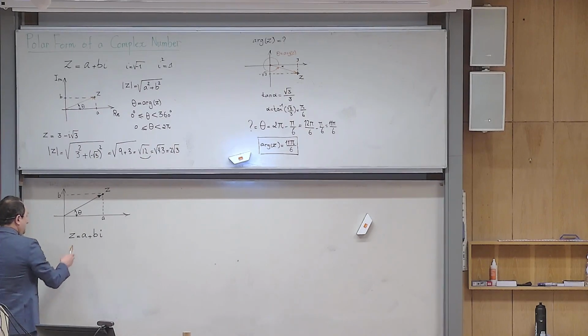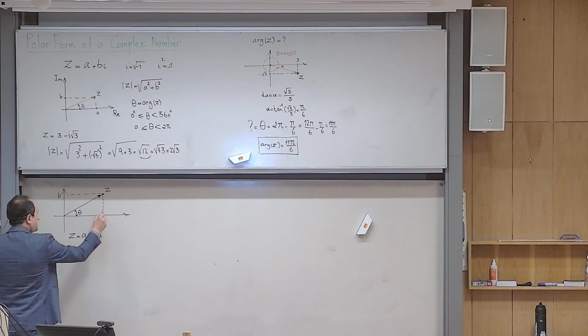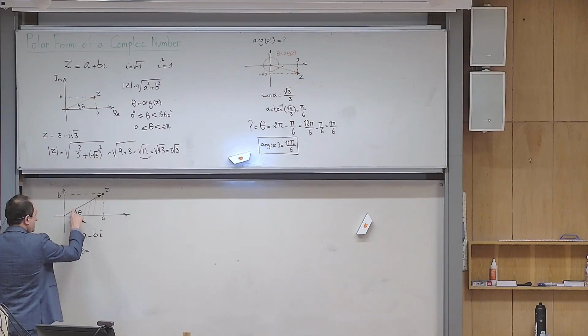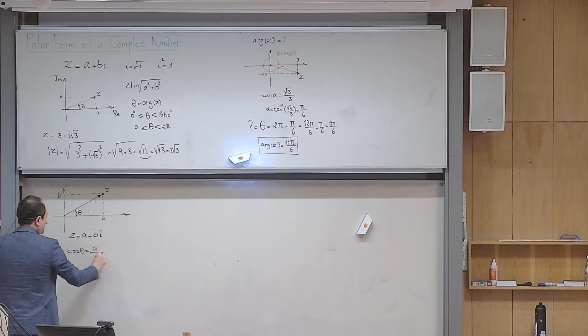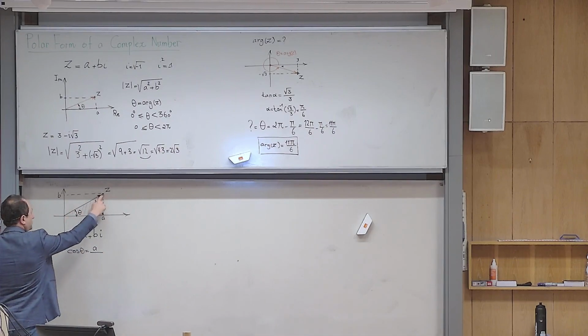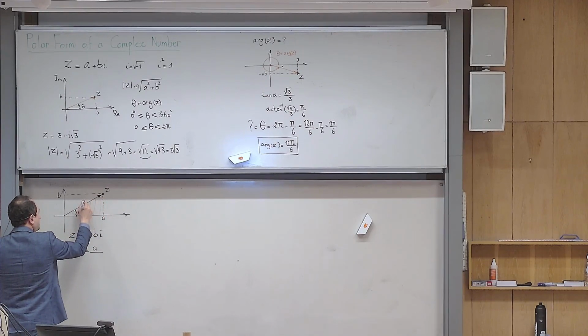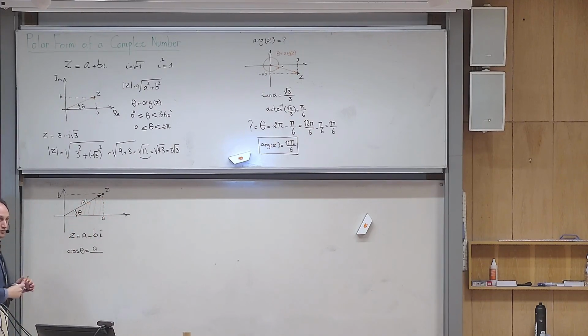Okay, so let me consider this triangle. And I ask you to write for me cosine theta. So cosine theta is the adjacent side, which is A, divided by the hypotenuse. But the hypotenuse is the length of this vector, which I told you is the absolute value of the complex number.